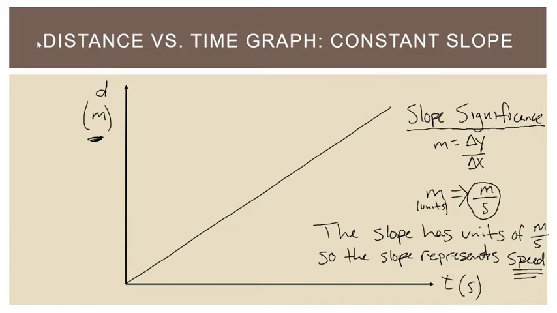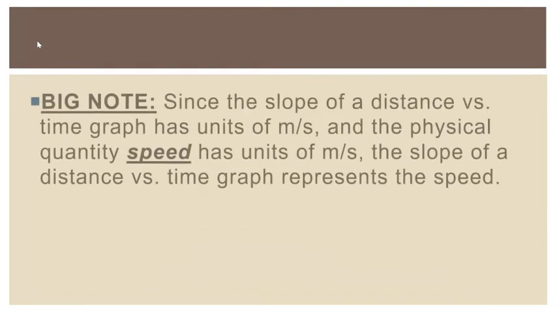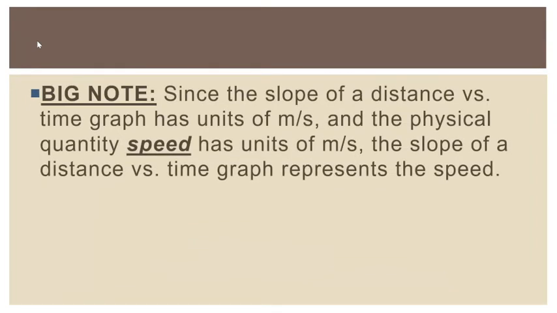So, to summarize, since the slope of a distance versus time graph has units of meters per second, and the physical quantity speed has units of meters per second, the slope of a distance versus time graph represents the speed of the object. That's a super important point. You would be crazy to not write that down.